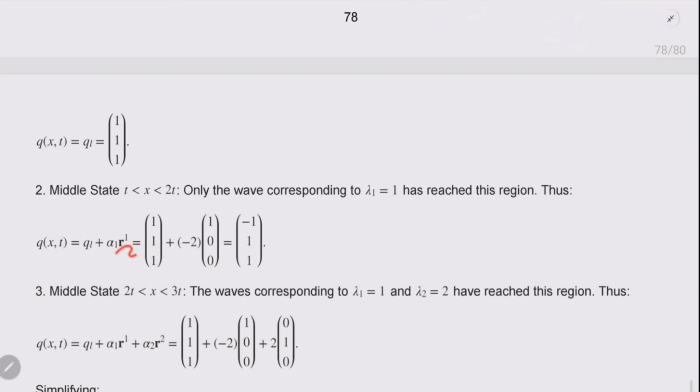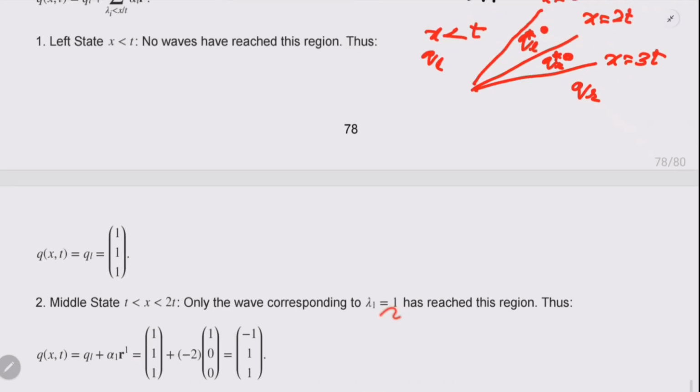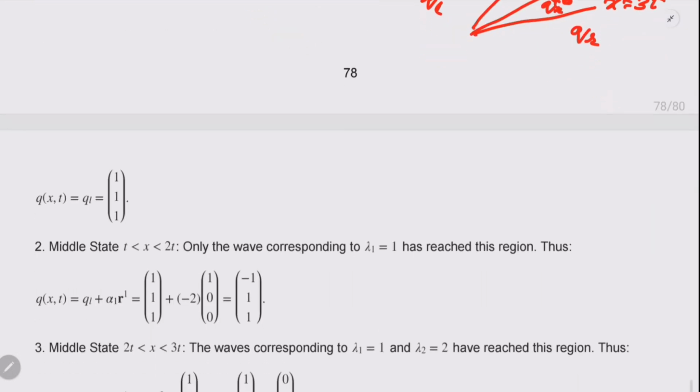In that case, the contribution is coming from lambda 1, which is equal to 1. That's how you understand it. For example, we know that Q(x,0) is equal to Q left if x is less than 0, and Q right if x is greater than 0.